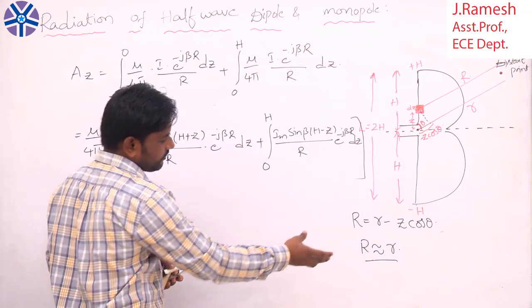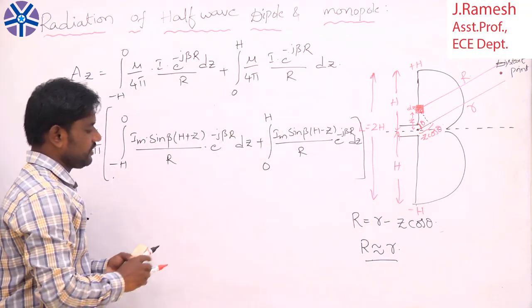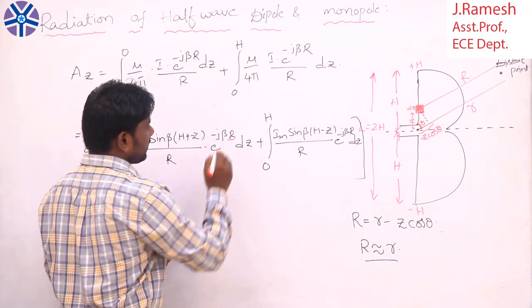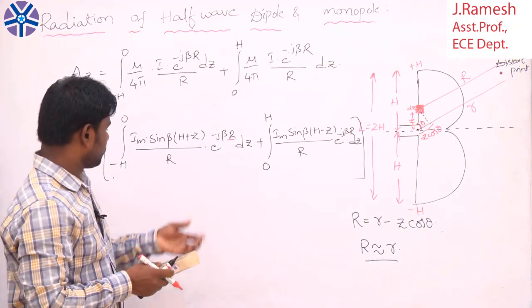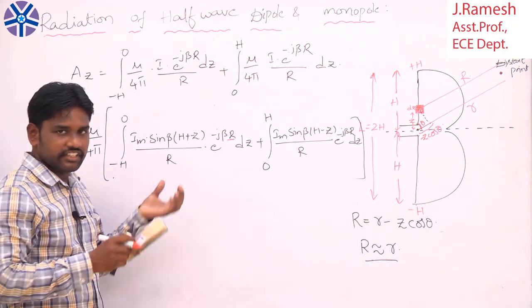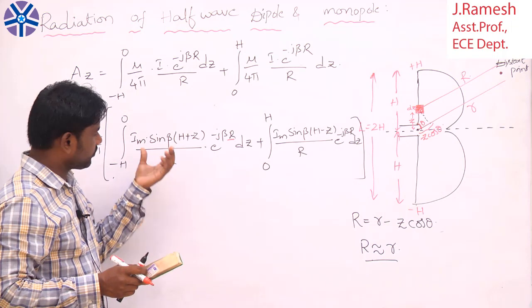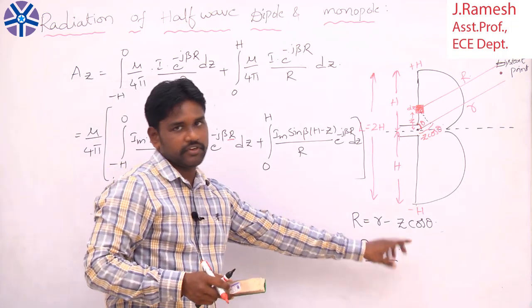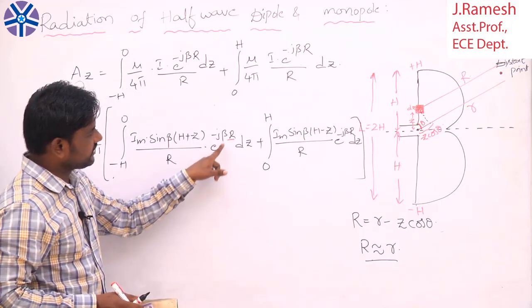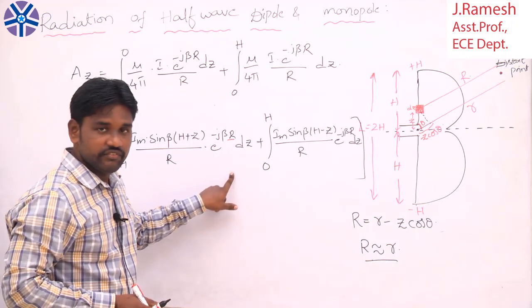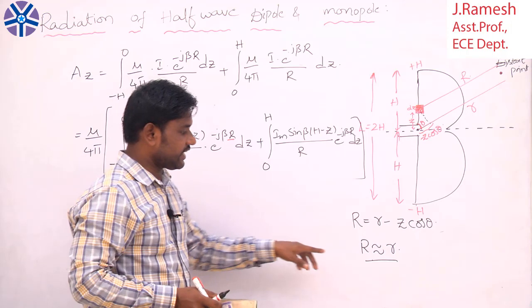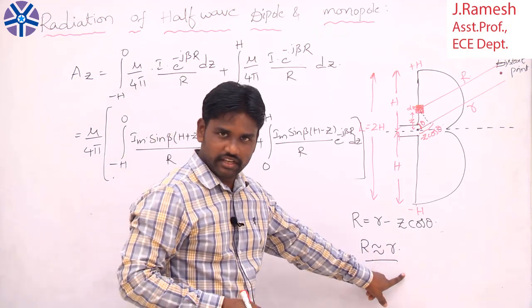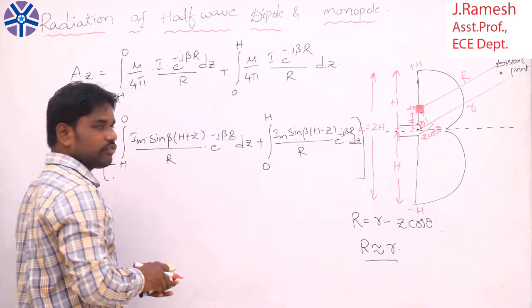But if you substitute capital R by small r in this equation, there is a problem. If you substitute in the denominator, there is no problem. In the denominator only capital R is there, so you can simply replace capital R by small r. But in the exponent there is a phase change, so you can't directly write capital R equal to small r. Just try to remember this.